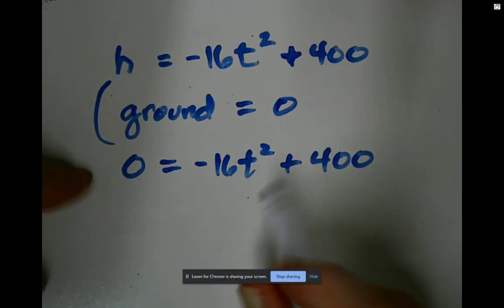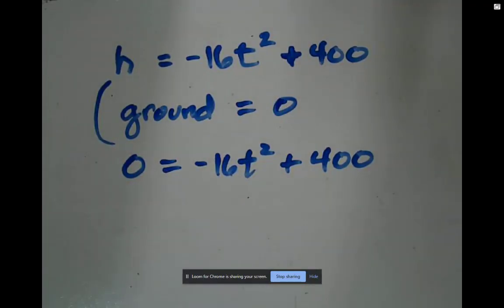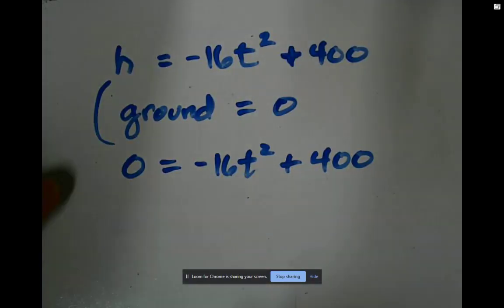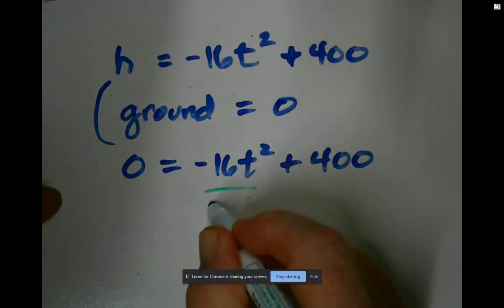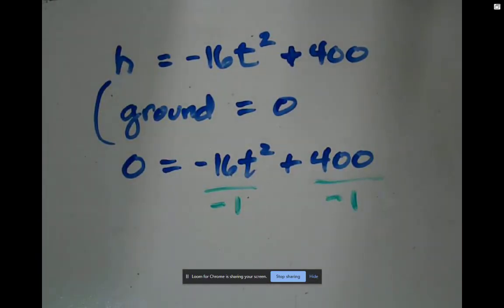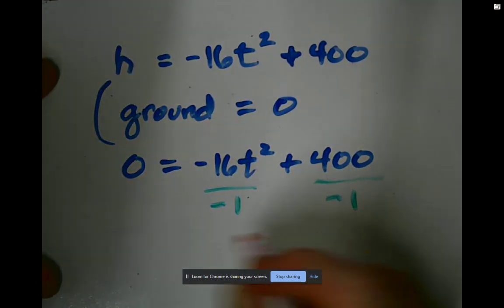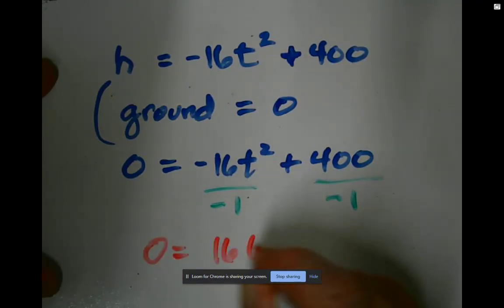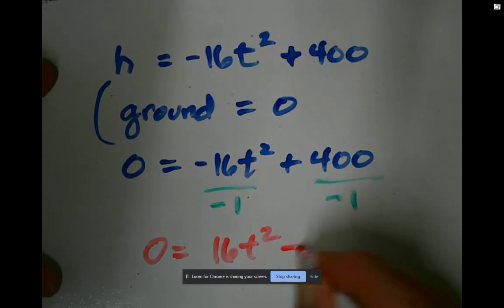So I have to take that negative and divide it by -1 to make it a positive, right? Divide it by -1 to make it a positive. And so I get 0 equals 16t squared minus 400.